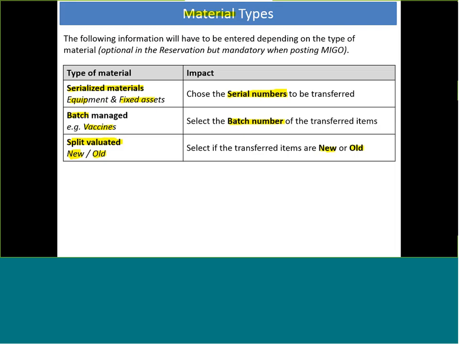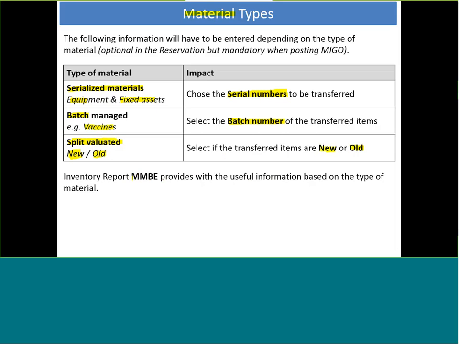And this one we will also discuss during the demo, because we will perform a transfer of materials that are serialized, materials that are batch managed, or materials that are split valuated.